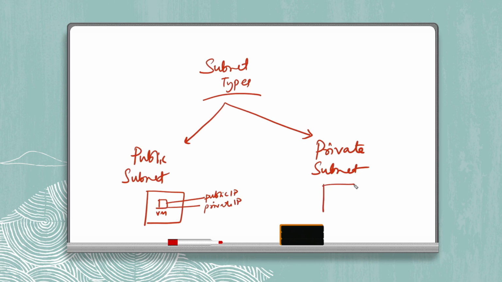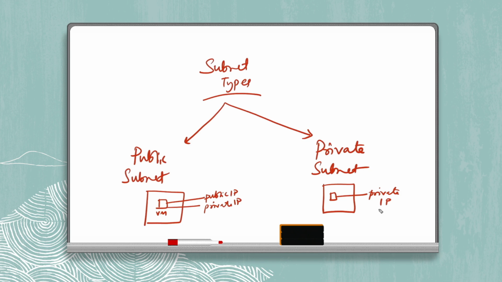And what is a private subnet? Inside a private subnet, the VM will only have a private IP address. So it will not have public IP addresses assigned to the VNIC. That's the case in case of a private subnet.